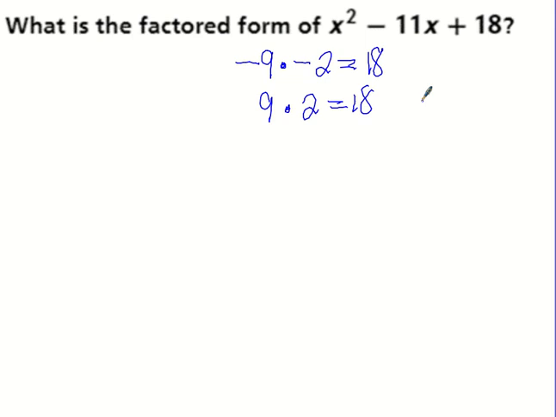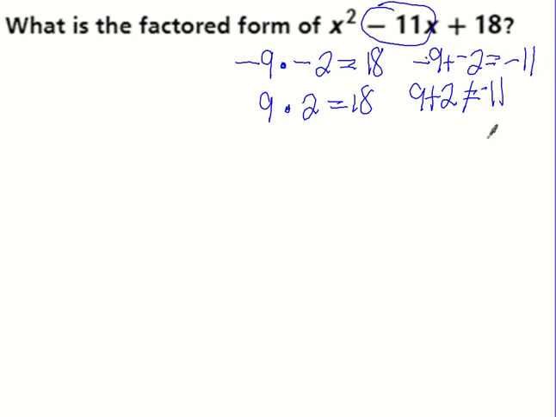The difference is 9 plus 2 is positive 11, but we want a negative 11, so this does not actually work for us. But negative 9 plus negative 2 does get me what I want, which is negative 11.